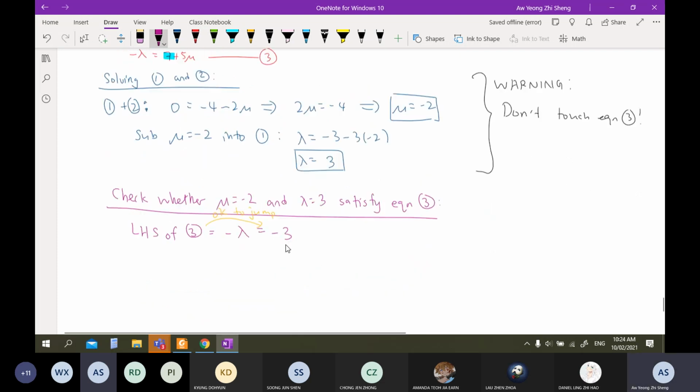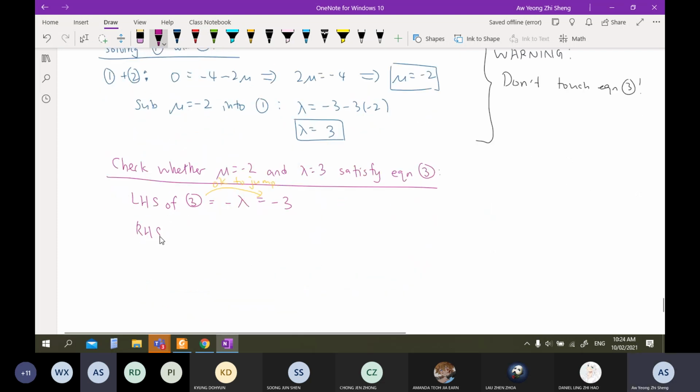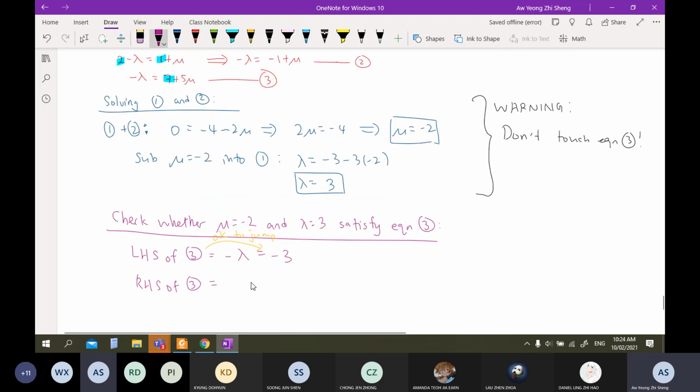And then you write right hand side of 3. Seven plus 5 mu, which is 7 plus 5 by minus 2. That gives you also minus 3. And they are the same.